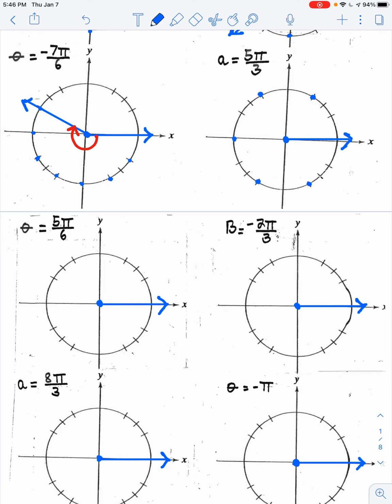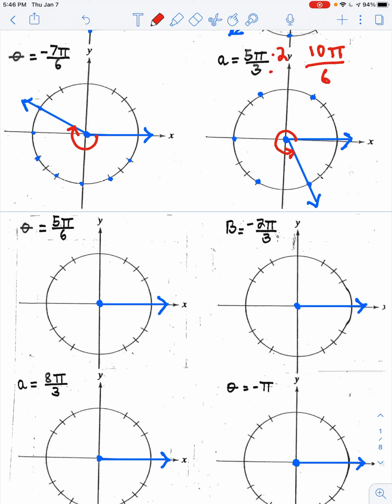So my next multiple of pi over 3, I am going to go through this way, like that, and my direction of rotation is like that.